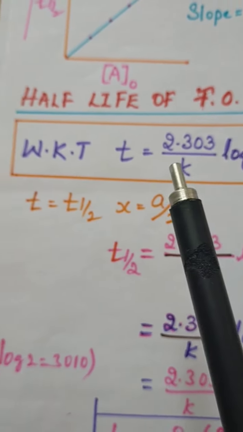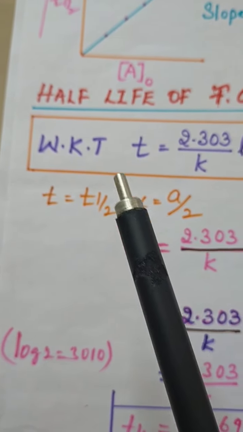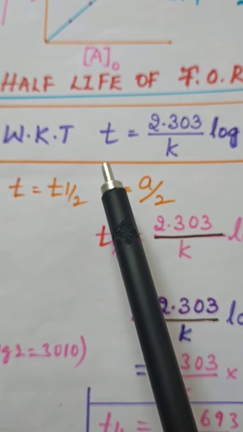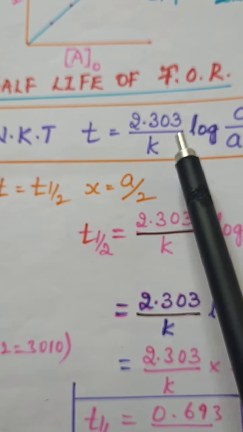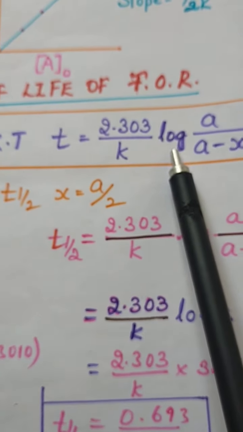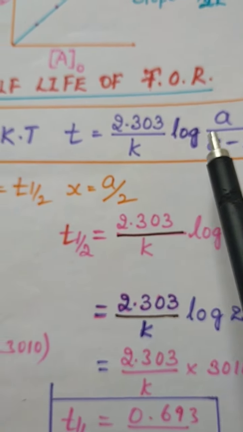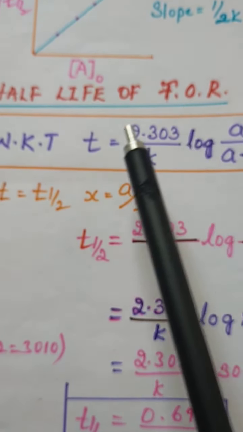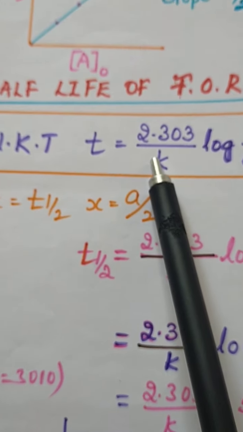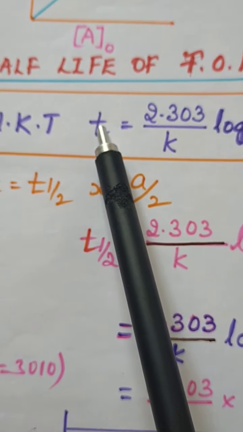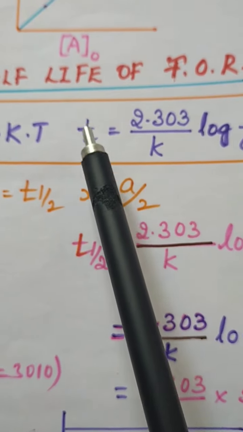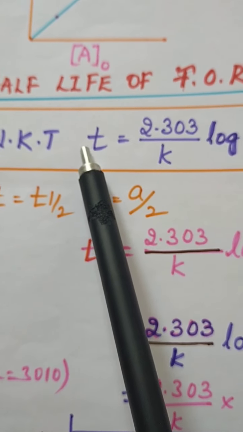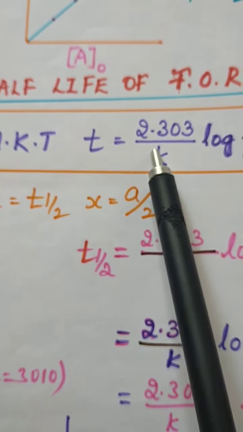Half-life of first order reaction. Initially we know that k is equal to 2.303 divided by t into log of A by A minus x. Here we just interchange t and k, because the time is important for you, and rearrange the values of t and k.